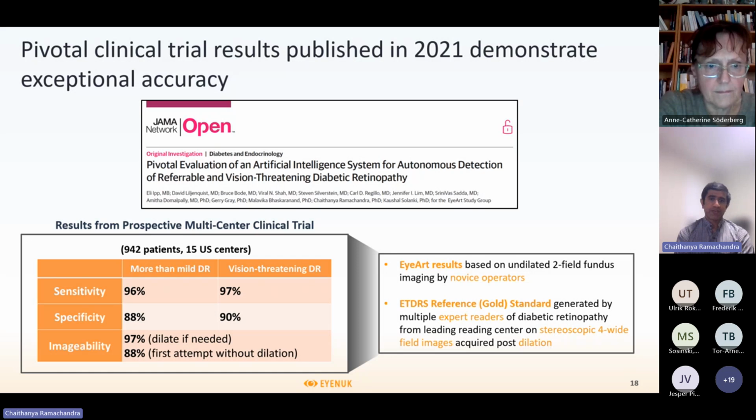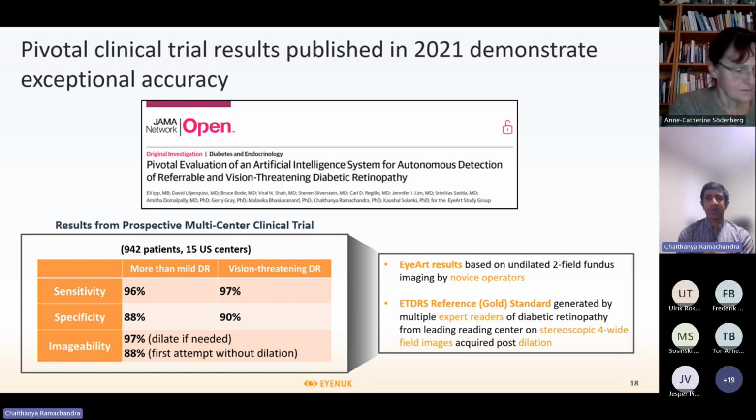We also have a prospective clinical study that was done in 15 different US centers on 942 patients. IART results were based on undilated 2-field fundus images. These images were captured by novice operators.